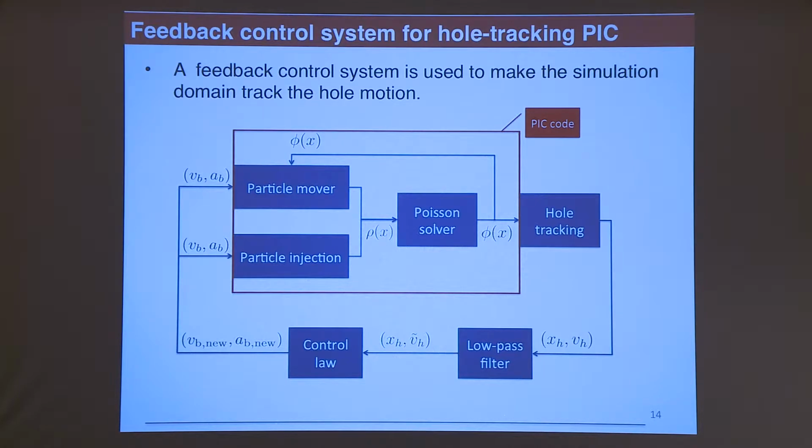And it needs to go through a low-pass filter, because the time step we take for these simulations is very small, and the velocity is very noisy from that tracking algorithm. And then we pass this through some sort of control mechanism. This will tell you the acceleration that's needed for the simulation domain to exactly follow the motion of the feature.